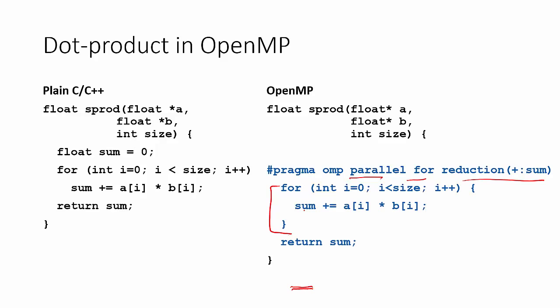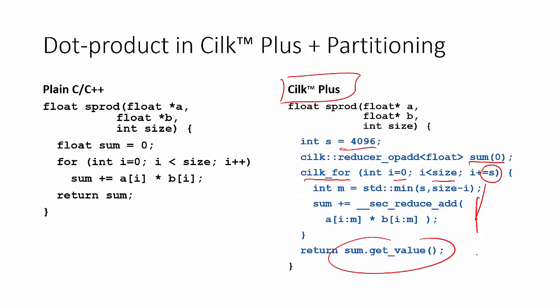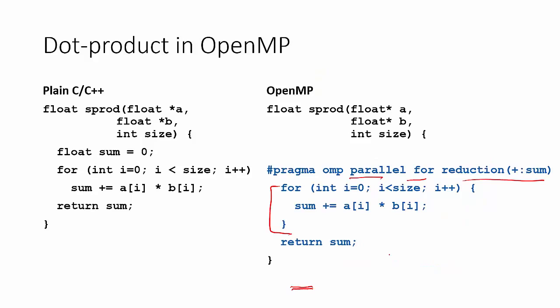Note that we did not specify either with Cilk or with OpenMP the number of threads. That's controlled in a different manner. So the code is completely portable for different processors. At runtime, it will select the number of threads that is suitable, or as you specify when starting the program.